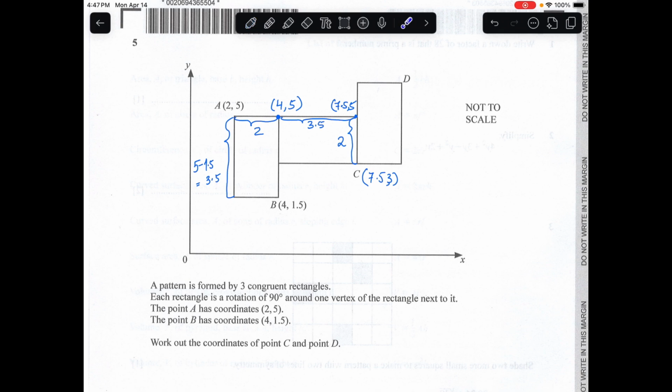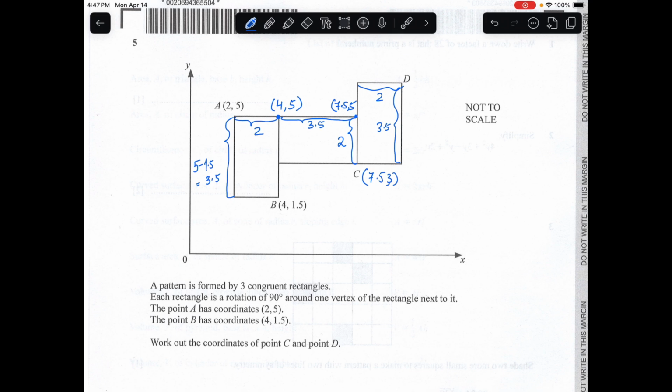Let's move on and think about the coordinates for D. Again, we apply the same logic. This is going to be 2 and this length, or the width, is going to be 3.5.